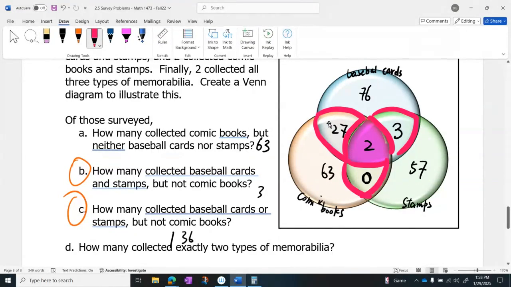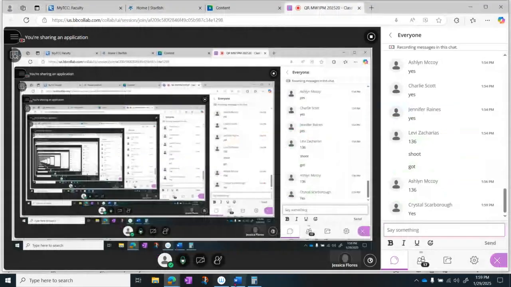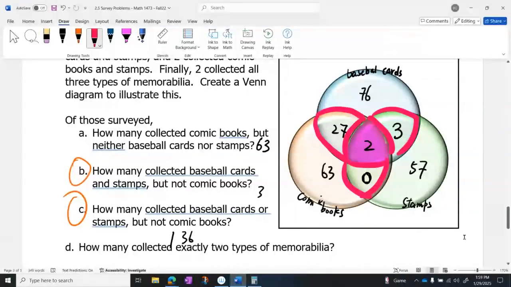Those 27 collected baseball cards and comic books, but not stamps. 0 people here collected comic books and stamps, but not baseball cards. 3 people here collected baseball cards and stamps, but not comic books, right? Do you agree? Those 3 regions represent collectors who collected exactly 2 types of the memorabilia. Yes, very good. So 30, right?